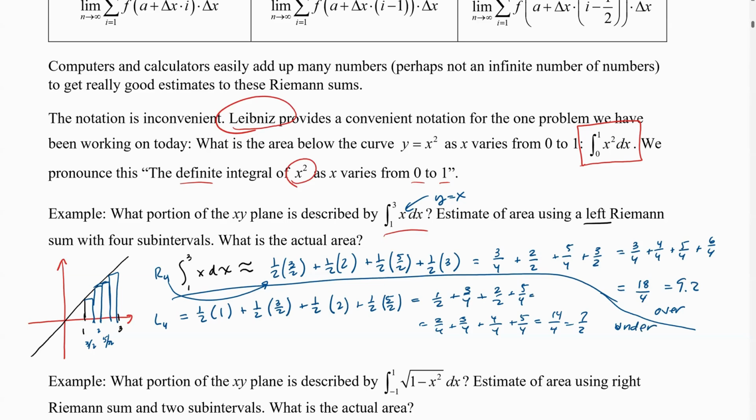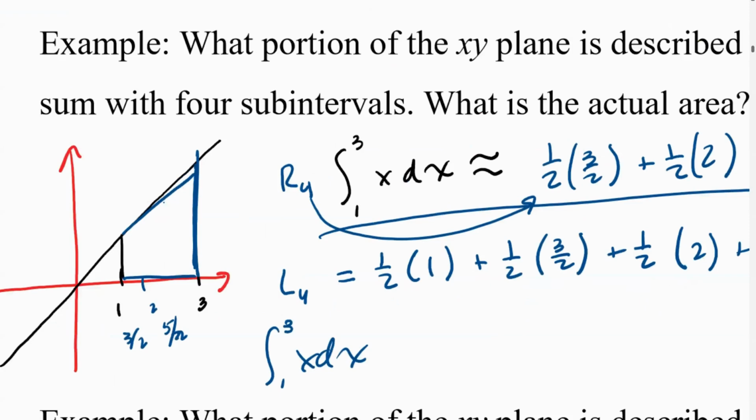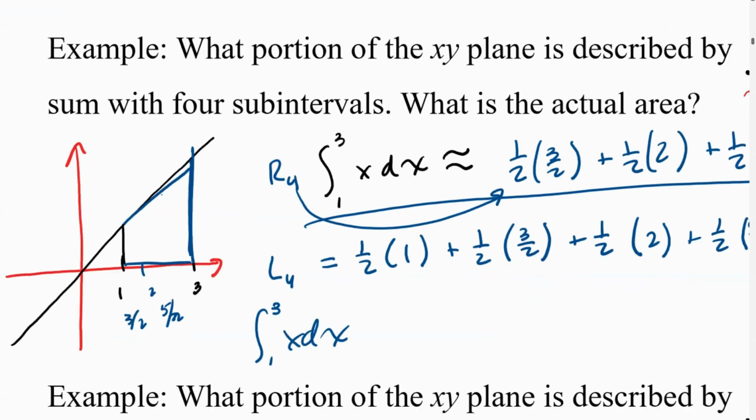You know, we did all that work. Could we not have just found out what that integral is equal to? What shape is that area under the curve? That shape is a trapezoid. And the area of a trapezoid is base 1 plus base 2 over 2 times height.